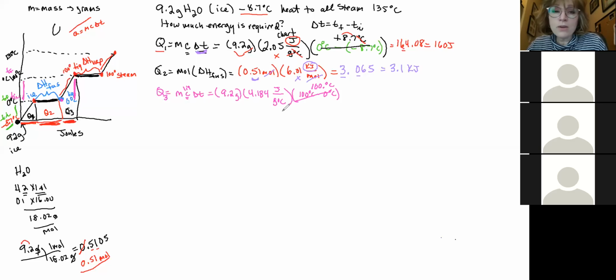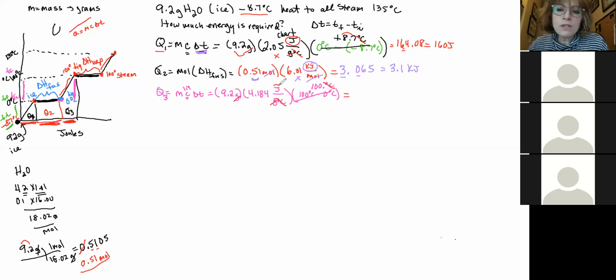I'm not going to be super picky about sig figs on this problem, but I do want you to show me what you're doing, because you're going to be doing a homework drop for these problems. Okay, now we got to cancel out our units. Grams cancel with grams. Degrees Celsius cancels with degrees Celsius.